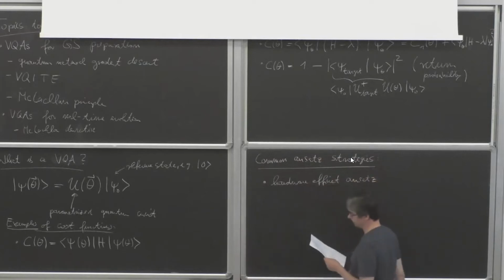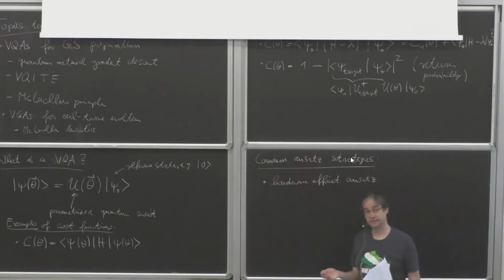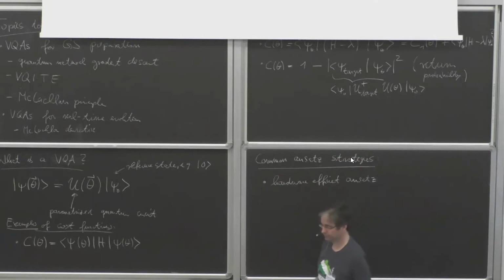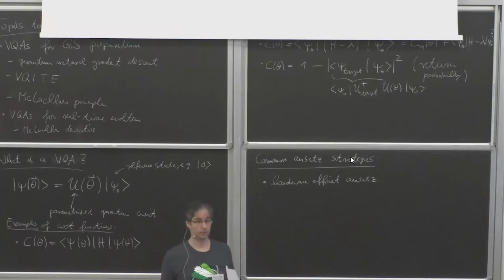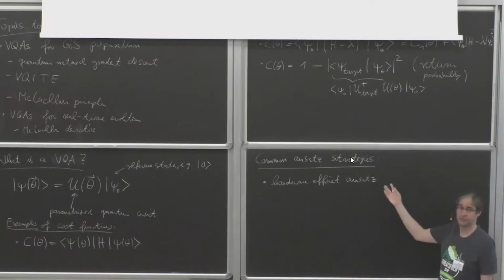What this means in practice is that every hardware has some native gates that can be executed most easily. You're basically choosing an ansatz composed of the native gates of the device you're running this on. It has nothing to do with the exact problem you're trying to solve. It's tied to the machine that you want to use.